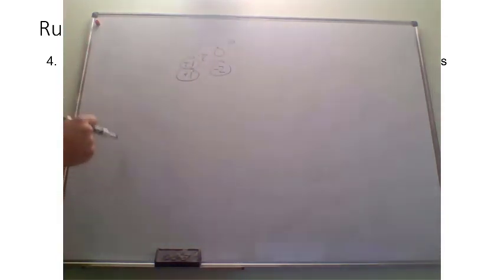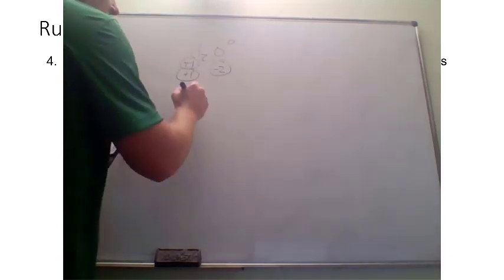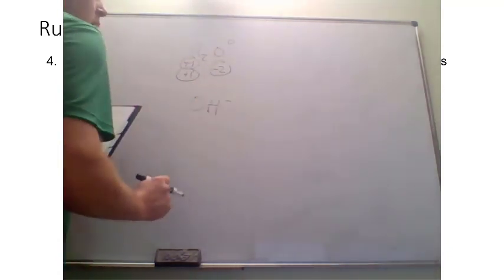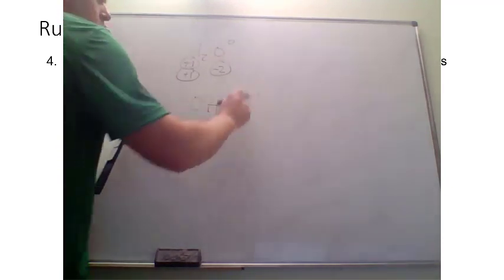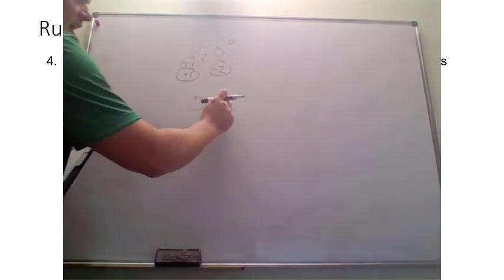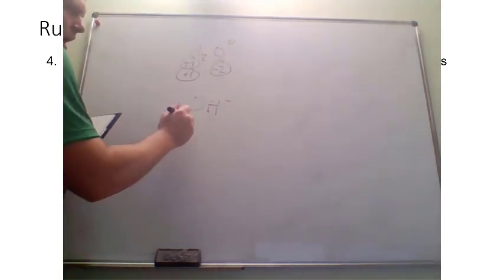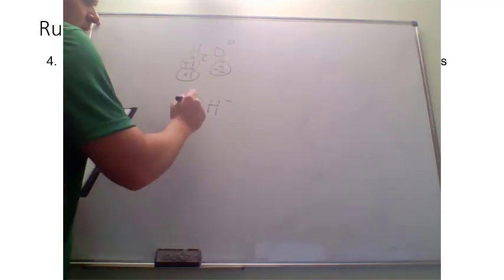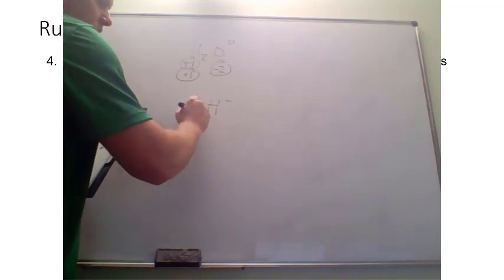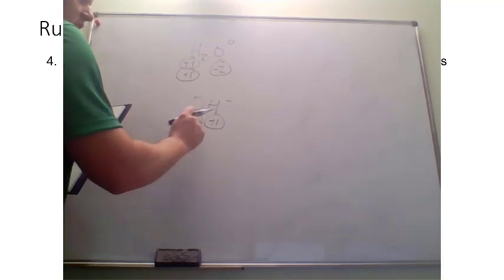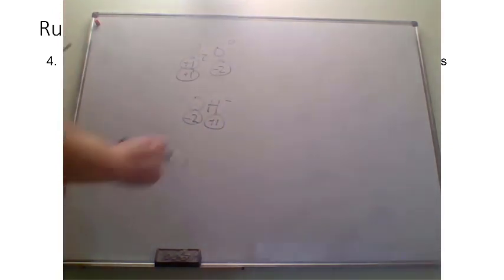Overall, we have an oxidation number summation of 0. Next, OH-. We know that our overall summation of our oxidation numbers has to equal -1. We know oxygen is -2. Oxygen's a nonmetal, so therefore the hydrogen is a +1. -2 + 1 equals -1, which is our overall charge.